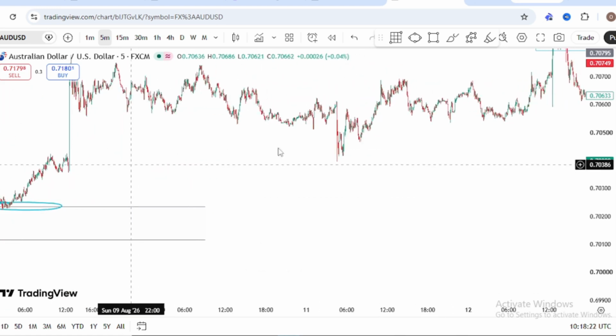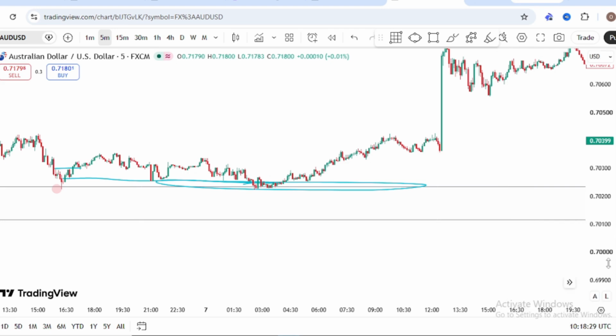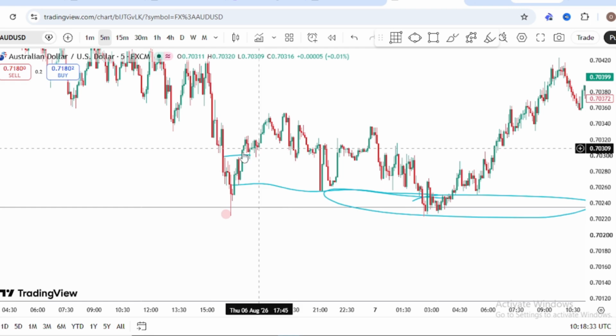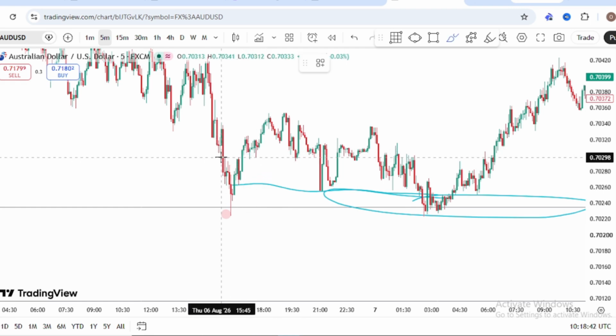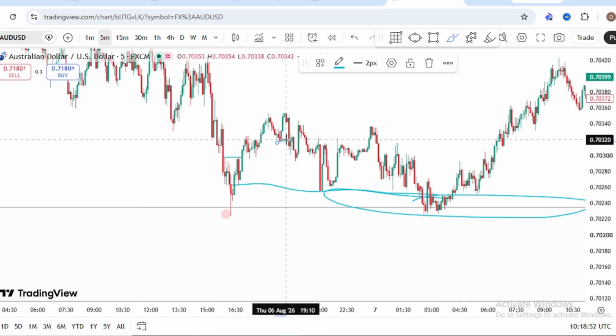And here it is. Let's zoom for you to see it clearly. Okay. Price got to this point. There is market structure shift here. And after market structure shift, we look for inducement. Inducement has been created here.